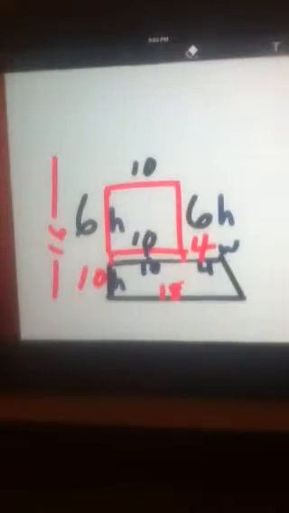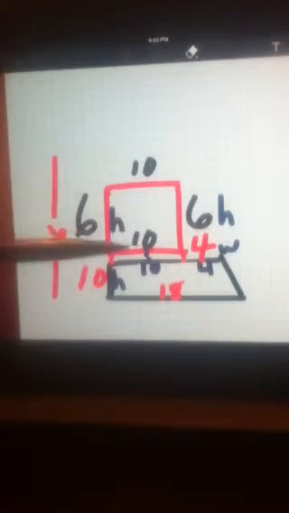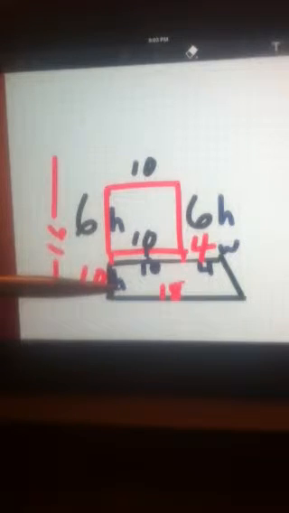So we're going to go on to another one, which you'll see these numbers again. This is basically the same thing, but what we've done, we separated the rectangle from the trapezoid here.